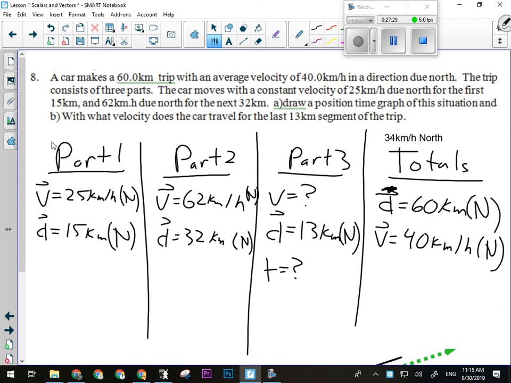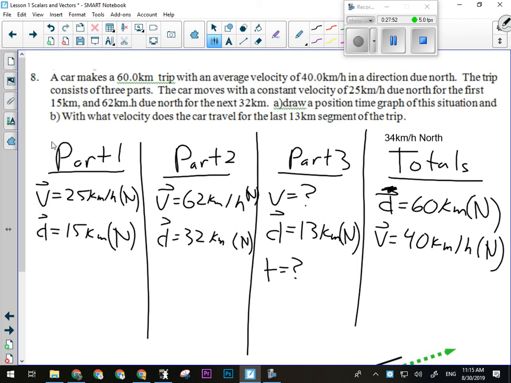They told me the total displacement and the average velocity for the entire trip. So the first thing I want to do is find out how long the whole trip takes. Okay? If I can find that, and I can find the time for 2 out of the 3 parts, I can figure out what the last remaining amount of time is, and that'll help me calculate the velocity for that last one. Everyone kind of follow my logic?